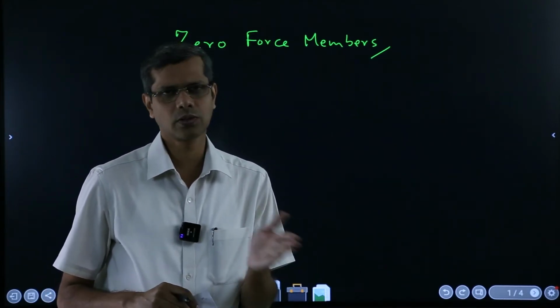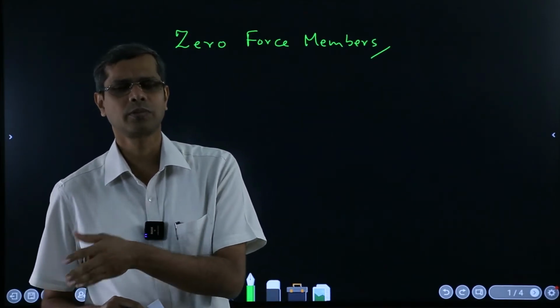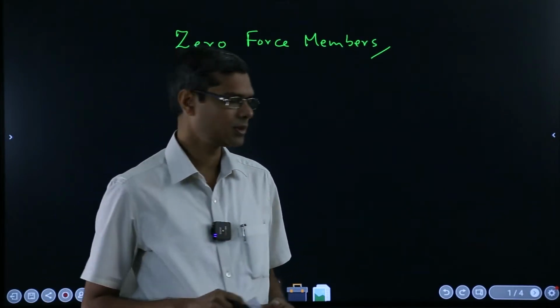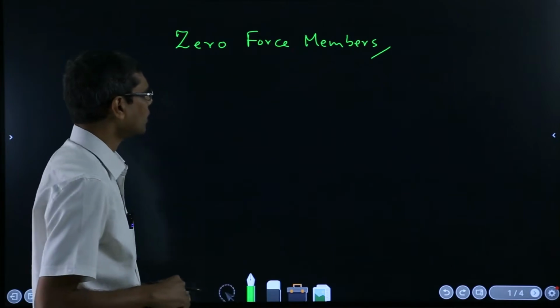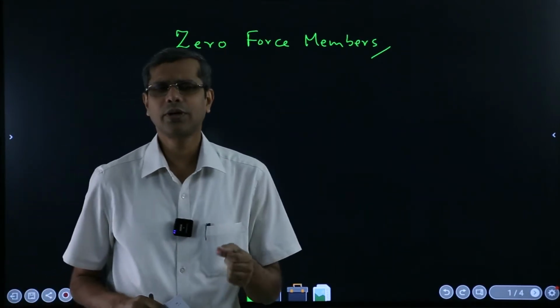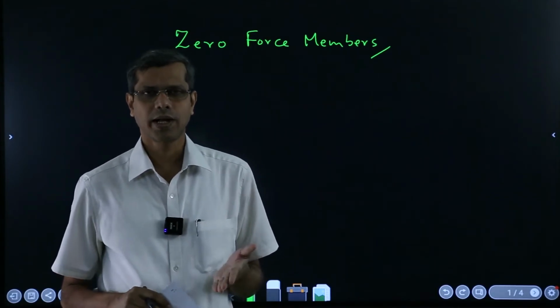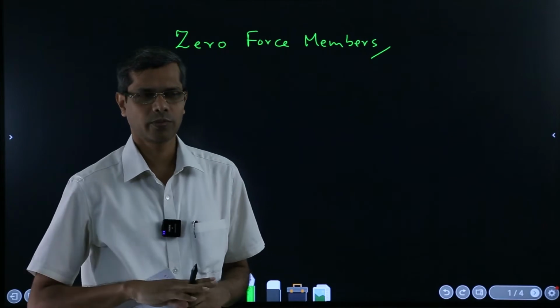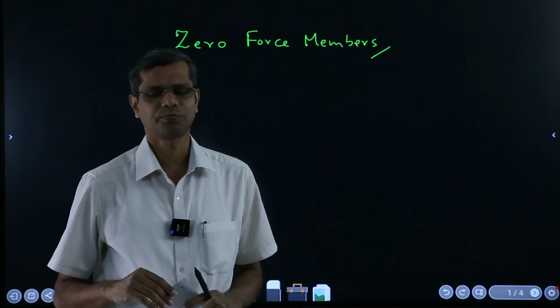Because if compression is possible, tension is also possible, then the in-between value, that is 0, also is possible. So then it is as if that element is not even required; if you remove that element from the truss, still the truss will be in balance.